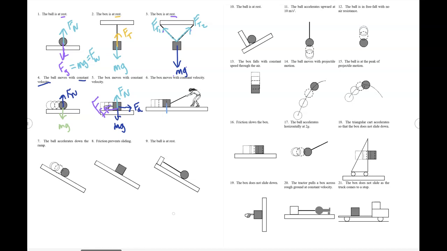Here we're being pulled by a rope. We'll do the easy one, mg. And then we have a tension force in this direction. So my upward component here, that's not the only up force. So it should not equal my weight force.